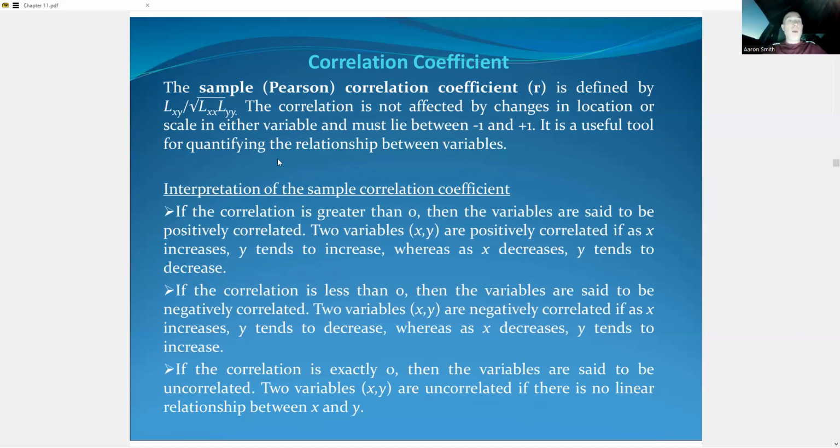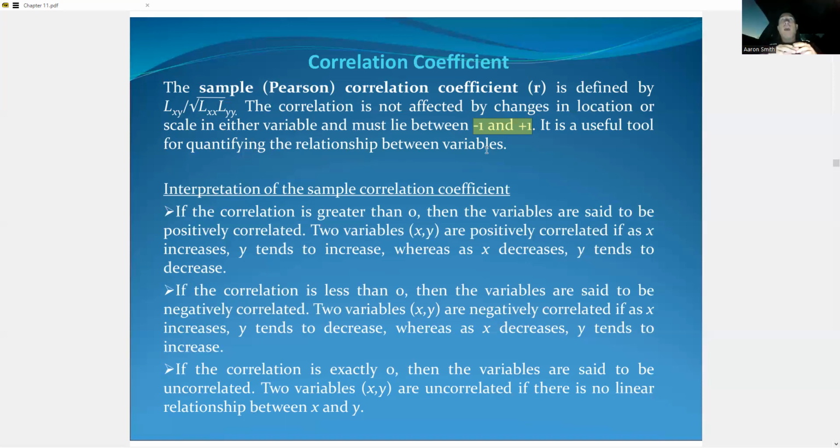multiple linear regression. All right, and so the correlation coefficient for Pearson is just going to be the covariance divided by the square root of the x sum of squares and the y sum of squares, multiplied together underneath a square root. Now the correlation is always between -1 and 1. If I have a negative value, that indicates that on average, I have a negative slope for my model.